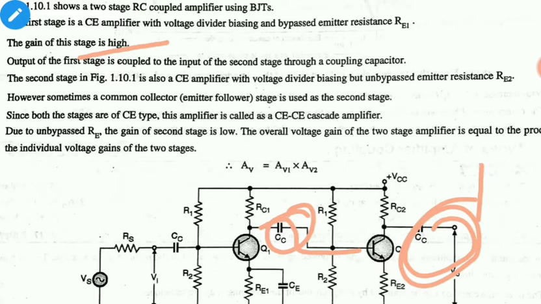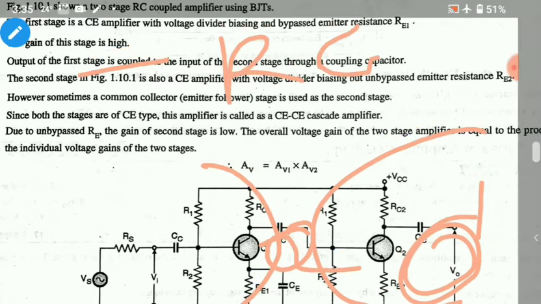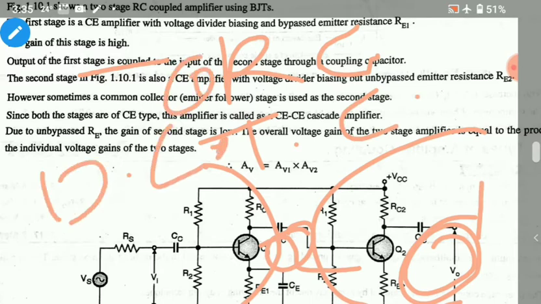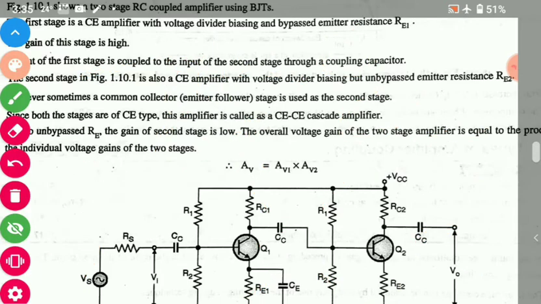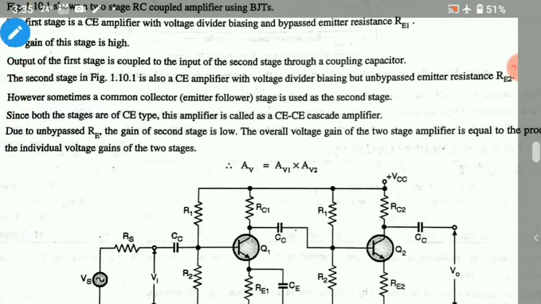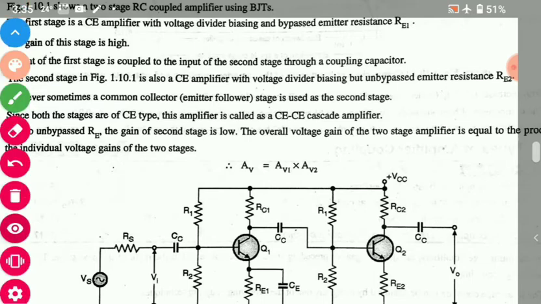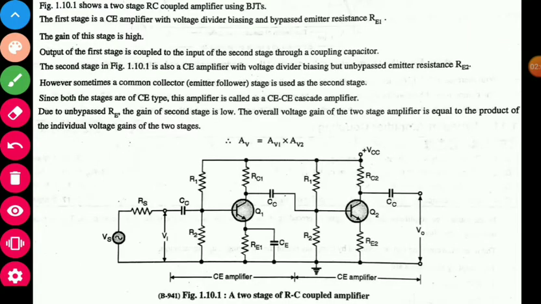These stages are connected to each other by using RC coupling, transformer coupling, or direct coupling. There are three types of coupling.